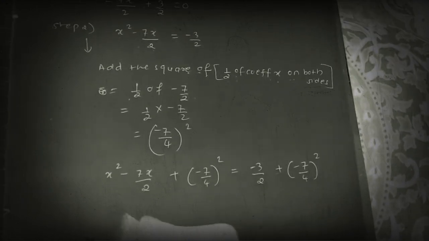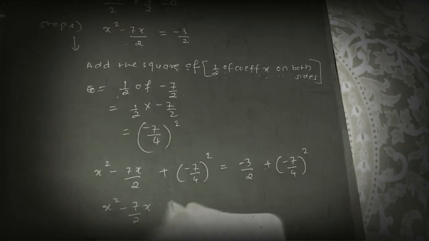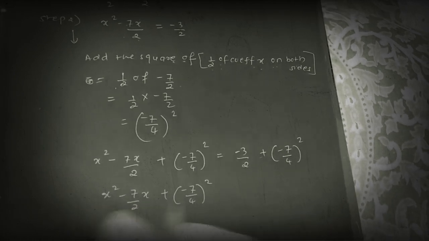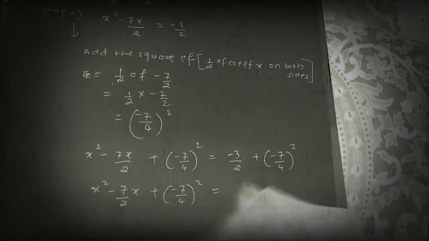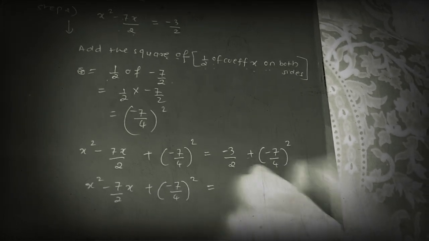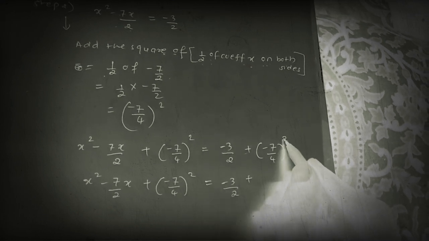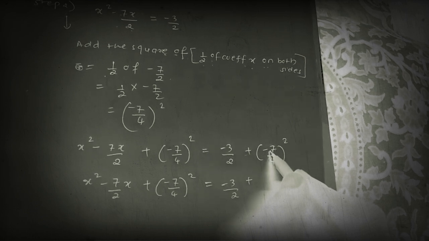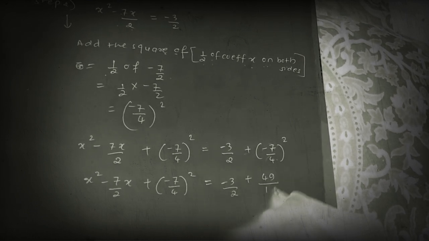Now solve this. So x² minus 7 by 2 x, I'll keep this as it is because I'm going to use the identity here. That is the completing the square method. Equals, but this side you have to solve. Minus 3 by 2 plus, when you are squaring anything the answer will be positive, minus 7 into minus 7 is 49, 4 into 4 is 16.